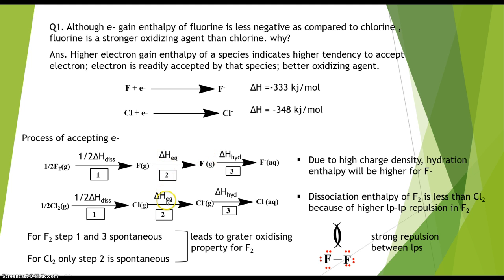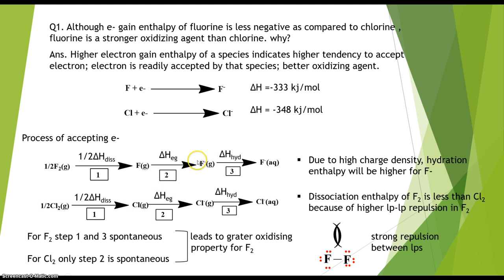The energies involved are electron gain enthalpy, delta H eg for fluorine and delta H eg for chlorine. Here enthalpy of dissociation is involved in dissociating the fluorine molecule to produce the fluorine atom. Here also enthalpy of dissociation is involved in converting Cl2 into chlorine atom.